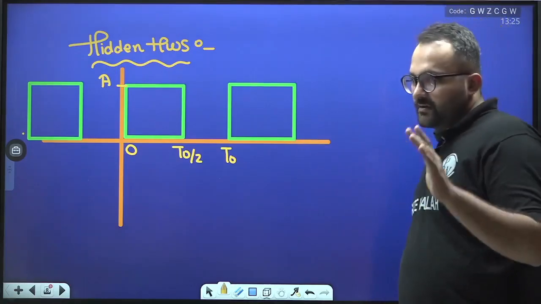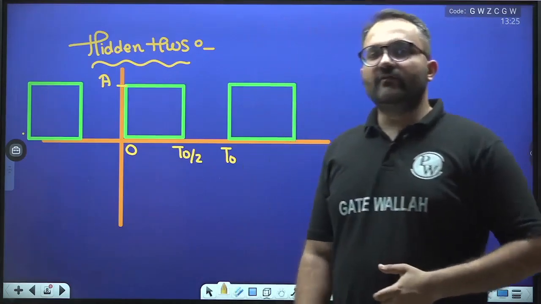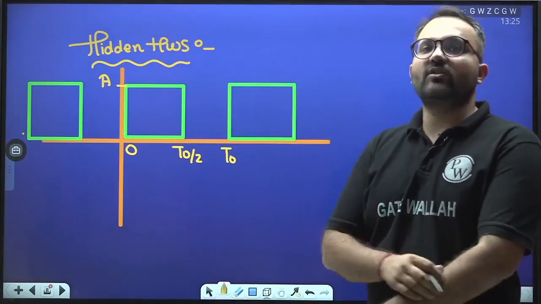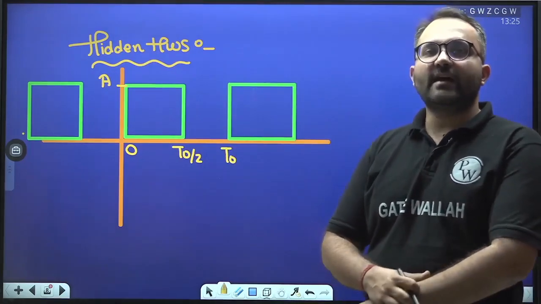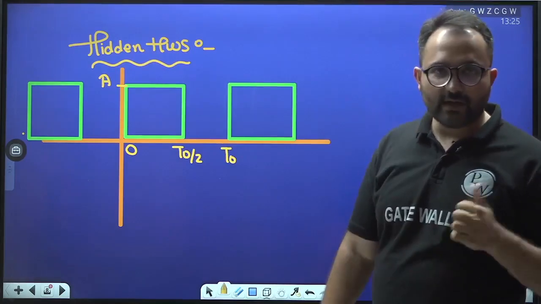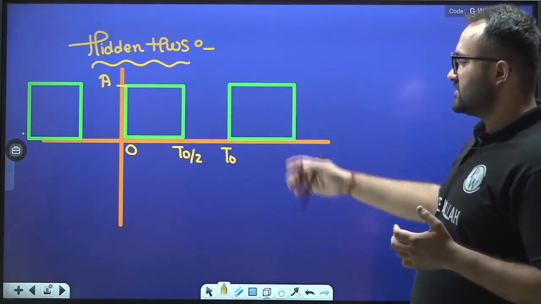Great. But this signal has some other symmetry. What is that? If we try to shift the signal on the amplitude axis, shifting on the amplitude axis means we are adding some constant or subtracting some constant.